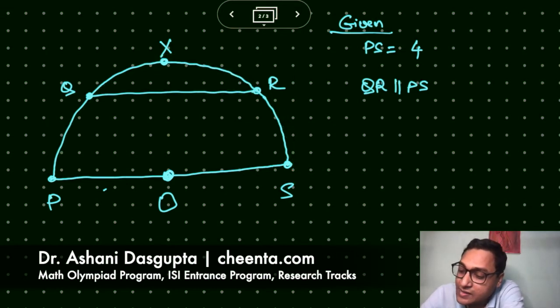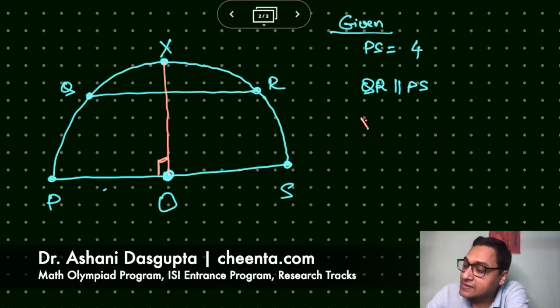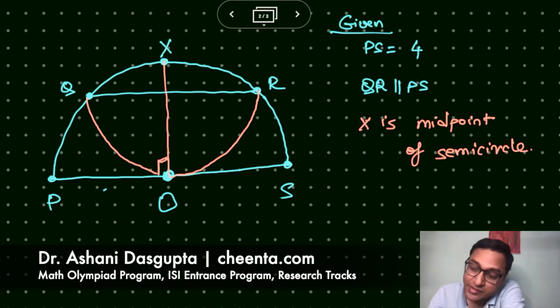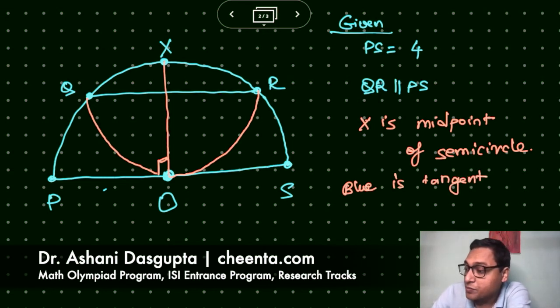Which means if you join XO, then this is 90 degrees, right? X is the midpoint of the semicircle. There is one more thing given: if you draw a semicircle with QR as the diameter, then this semicircle is tangent to PS.